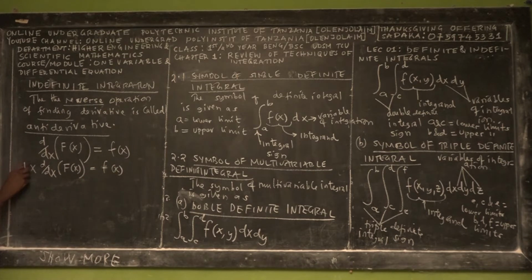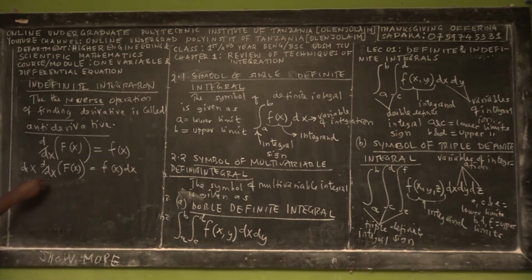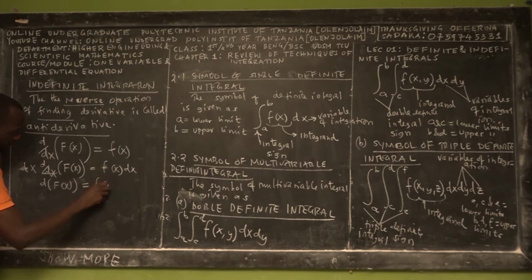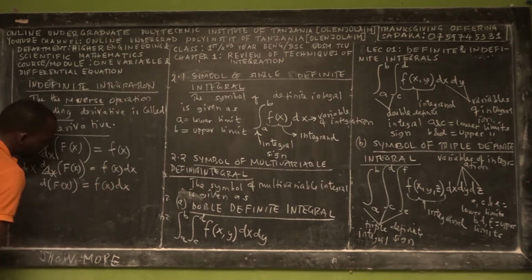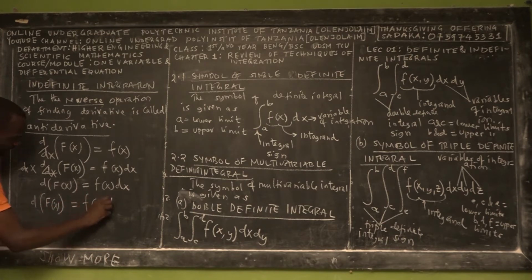So dx and dx cancel. So dF of x is equal to f of x dx.